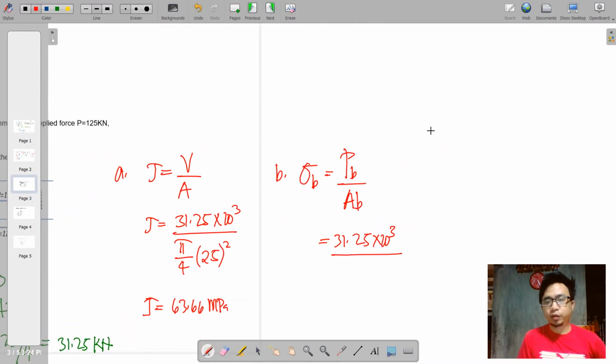So if we are going to illustrate that one, see, we have here the plate. See, it's the hole in it.